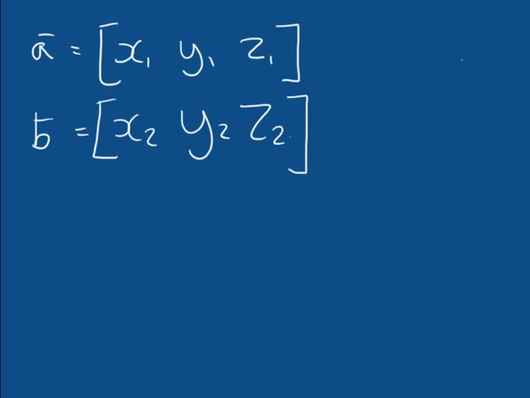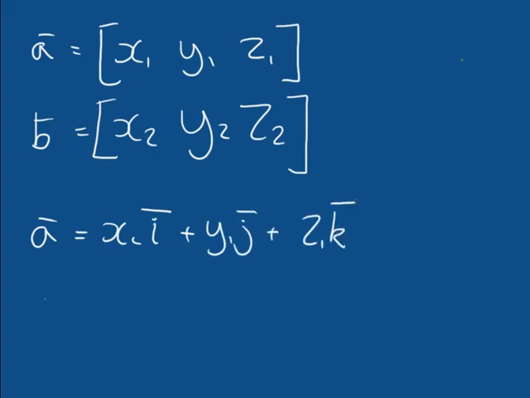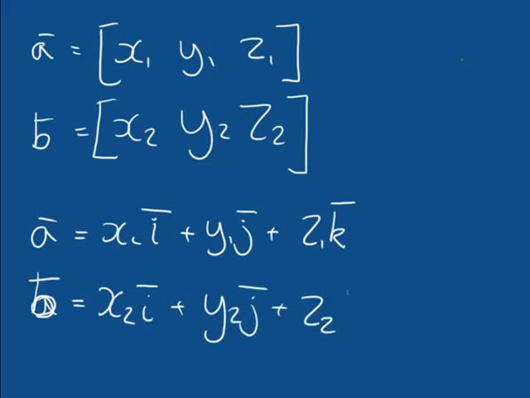And we know that if these are the components of our vectors, then we can write them as a combination of our i, j, and k Cartesian vectors, where A is equal to x1i plus y1j plus z1k, and B is equal to x2i plus y2j plus z2k.